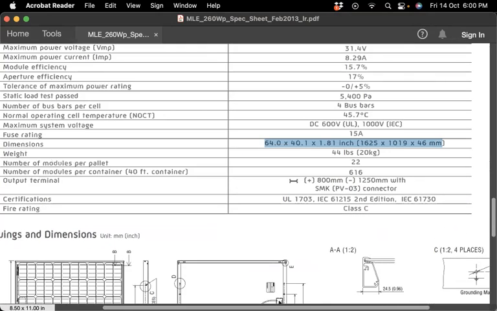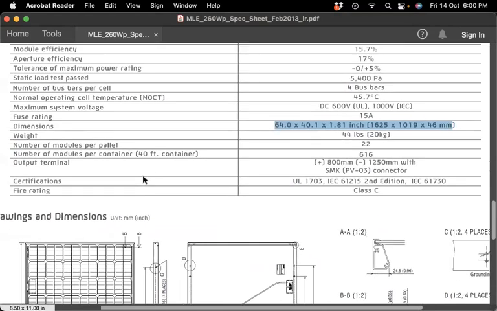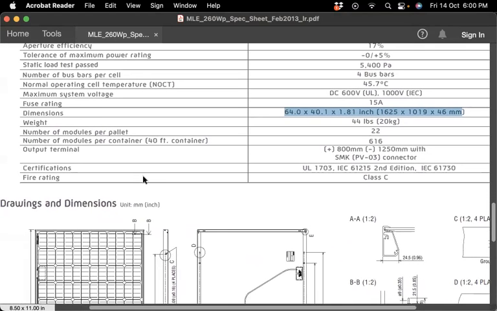Then we have the weight and number of modules per pallet. This is when you are going to buy a huge number of modules for exportation, something like that. We have the type of the terminal, fire rating, and all these industrial aspects.